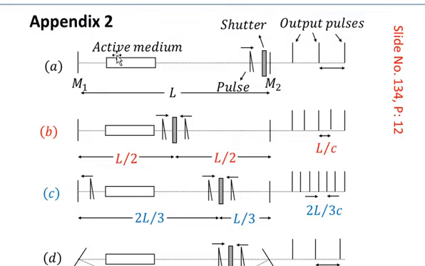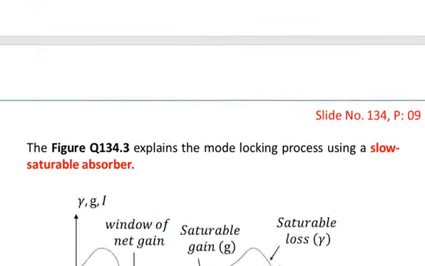And this active medium is also to be placed very close to that one. So the slow absorber and this active medium should be very close to each other for this technique to work.